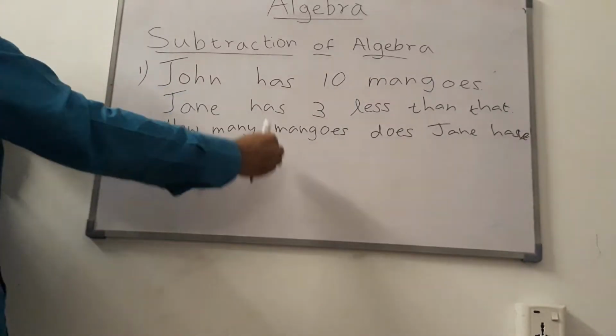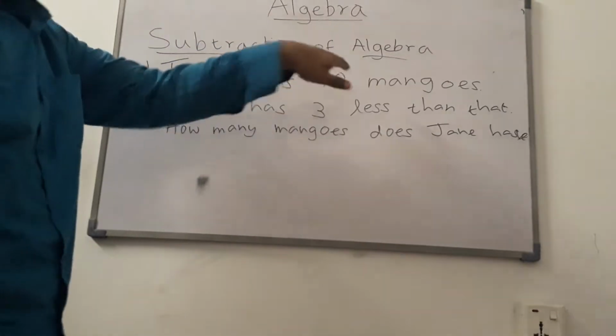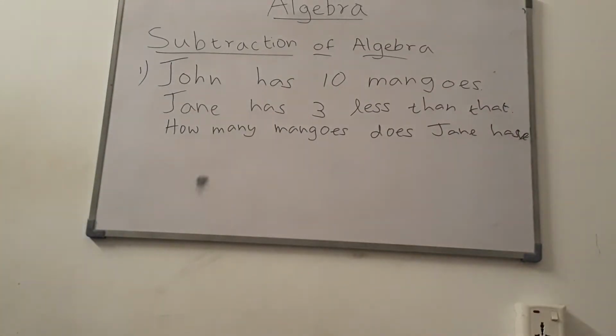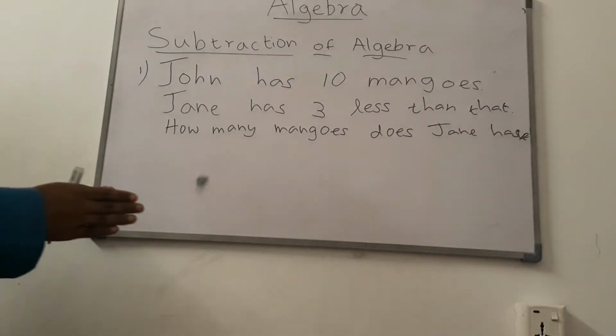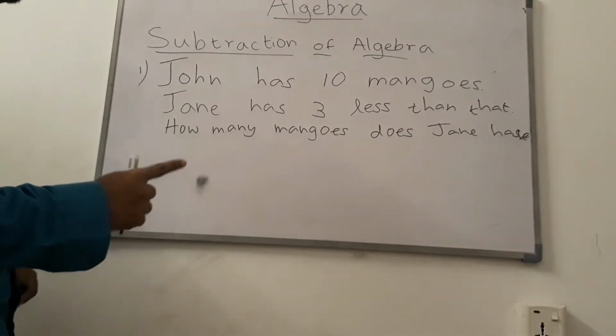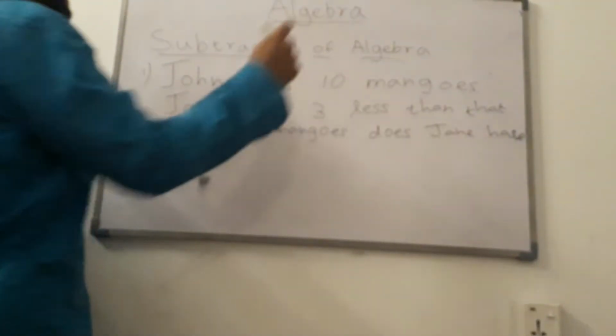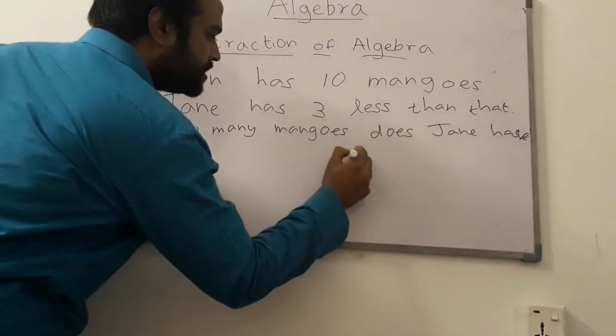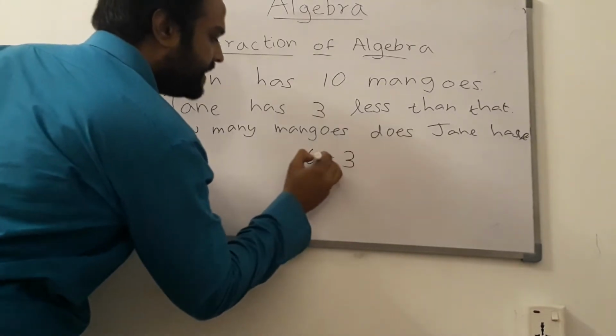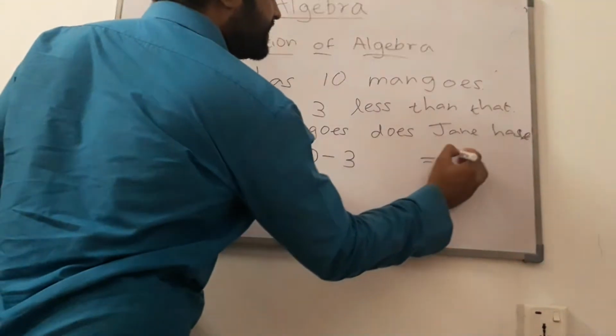What we have to do is, John has 10 mangoes. Jane has 3 less, which means we have to subtract 3 from 10, because Jane has a lower number of mangoes in comparison to John's number, which is 3 less than 10. So we subtract 3 from 10 and we get an answer here, which is 7.